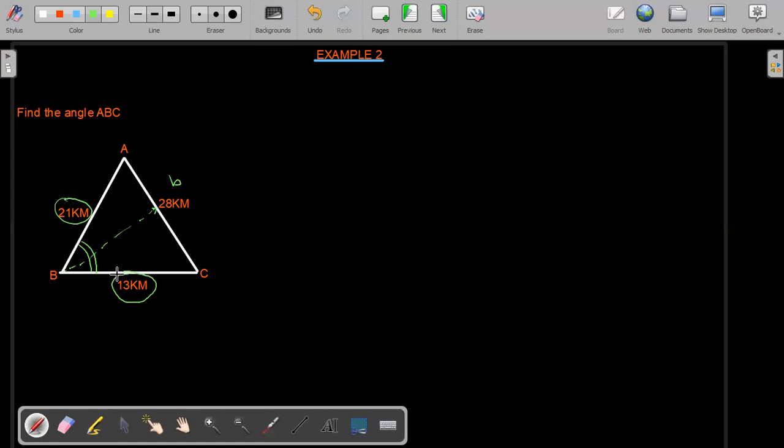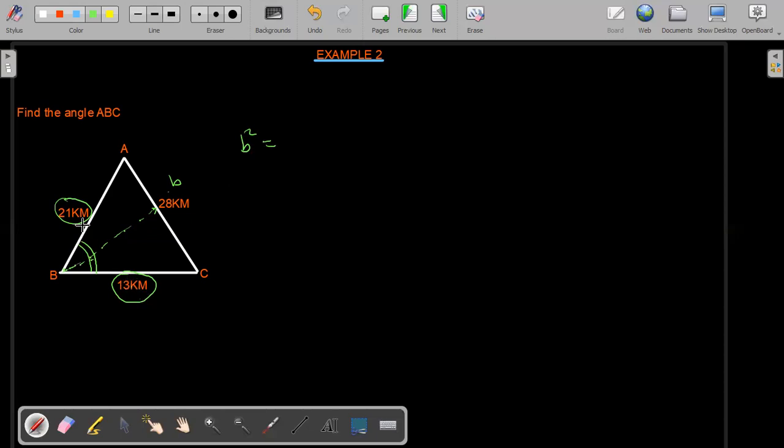They are the two sides that are making up this angle. So we are going to say the opposite side to this angle B is what? 28. So we are going to say B squared is equal to, what are the two sides that are enclosing that angle?